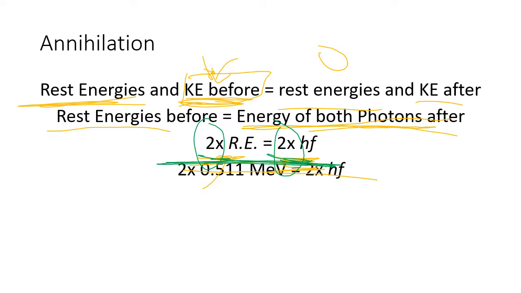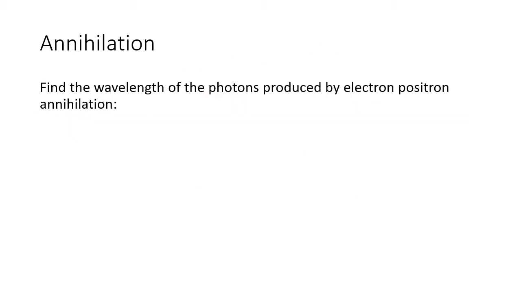Right, and sorry, I've scribbled all over the bit I wanted. For our electron and our positron, that's half an MeV. Two lots of half an MeV gives us two photons. So if the question said, find the wavelength of photons produced by electron-positron annihilation, what would we have to do? Well, we've got two lots of half an MeV. Remember, it's an MeV, mega, so we've got to include a 10 to the 6.